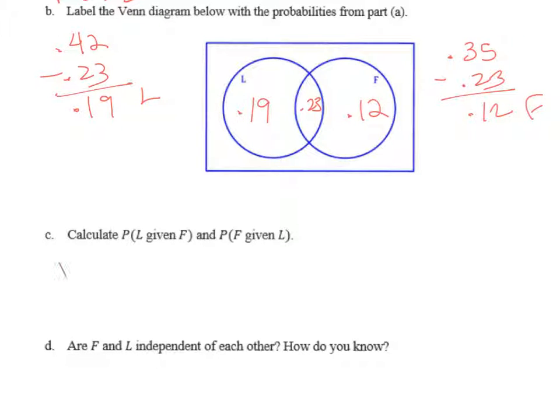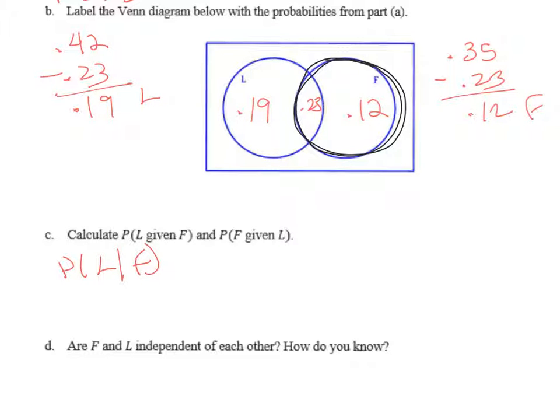Okay, so the probability of L given F. When it's a given, you're limiting the circle you can look at, just like you're limiting a row or a column in a table. So for L given F, we're only going to look at the F circle.